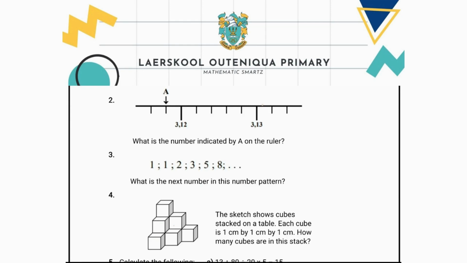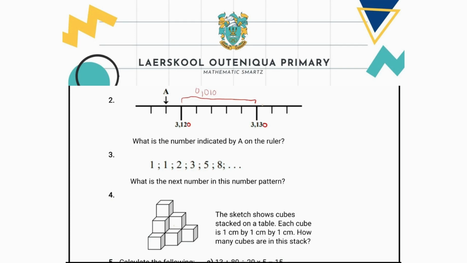What is the number indicated by A on the ruler? Well, the numbers that I have are 3.12 and 3.13. To make things easier, I'm going to add a 0 to each of these numbers. Therefore, this helps me to see that the distance between these two numbers has to equal 0.010.